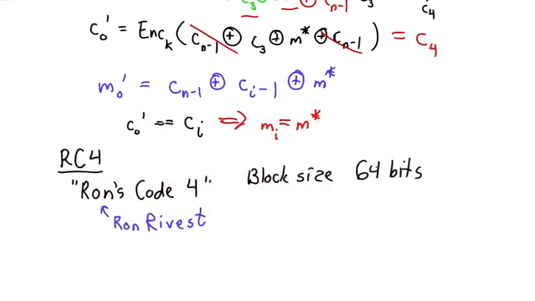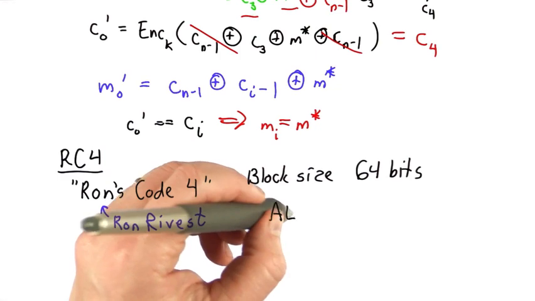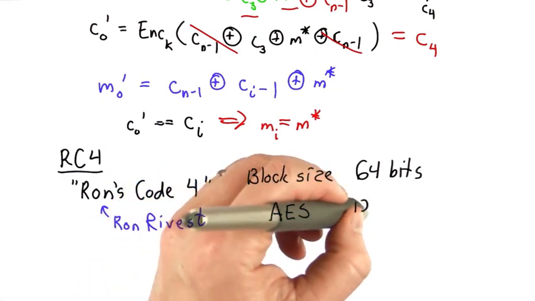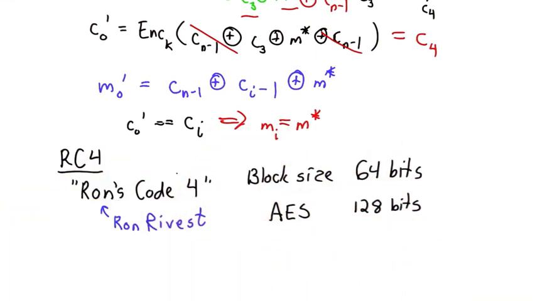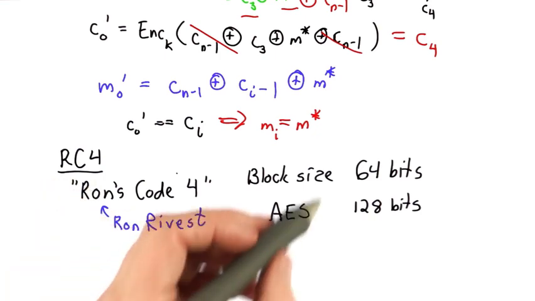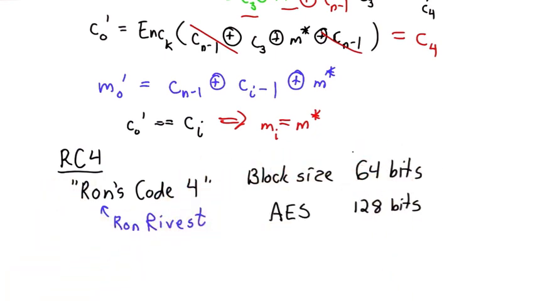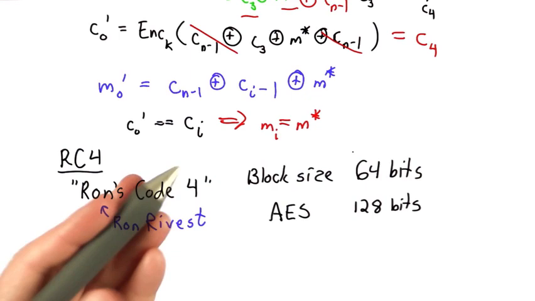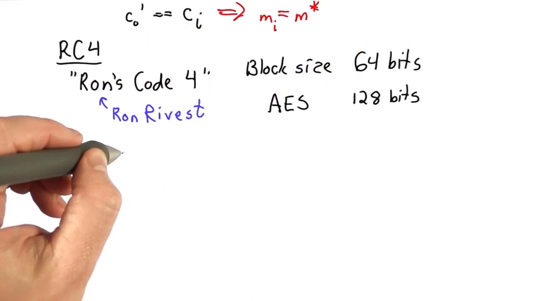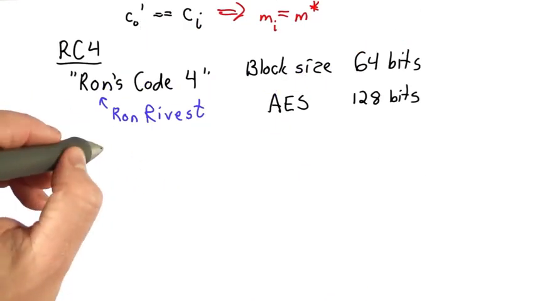And the block size typically used in TLS is 64 bits. TLS could also be using AES with a block size of 128 bits. So that would mean the attack is only useful if the attacker can guess those 64 bits in a useful way and has a way to control the message. That seems like it might not be much of a threat, and this attack was actually known.